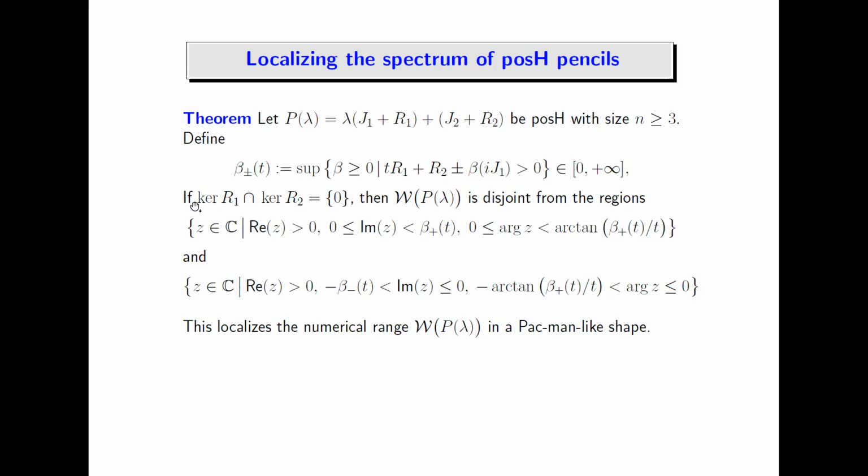So this makes sense if R1 and R2 do not have a common kernel, because then this matrix here is positive definite. And so for some values of beta, you will actually have that this is still positive definite. And then you can conclude that the numerical range must be disjoint from the set that is given here.